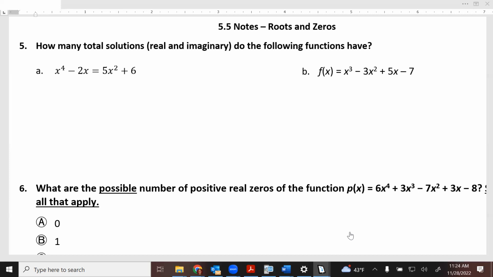So I would put this in the box, do my synthetic division, and then what I want is this remainder. In module 4, we wrote our remainder as a fraction, but when I'm doing synthetic substitution, all I want is the remainder for my answer.